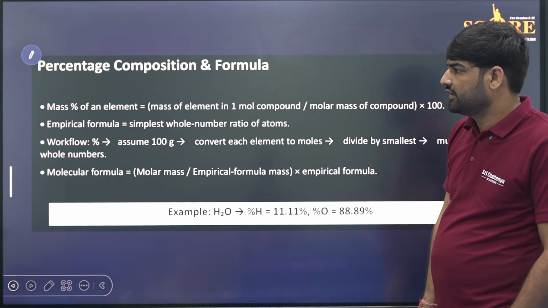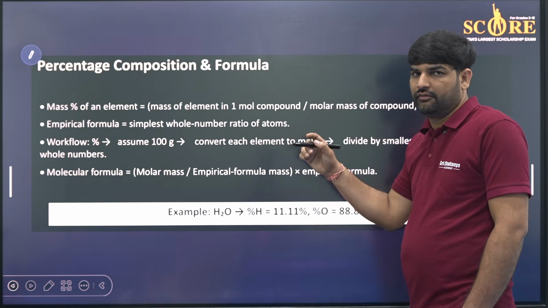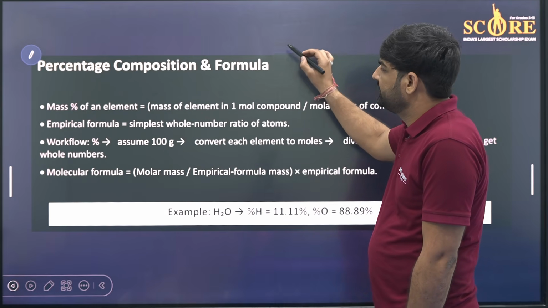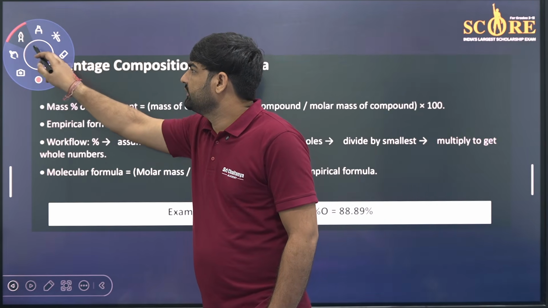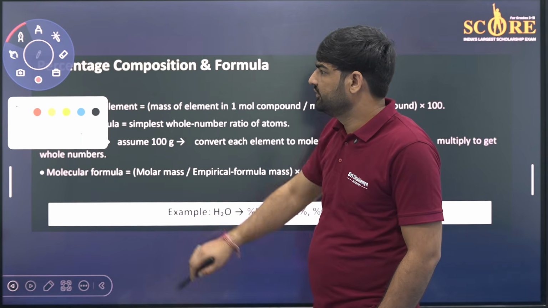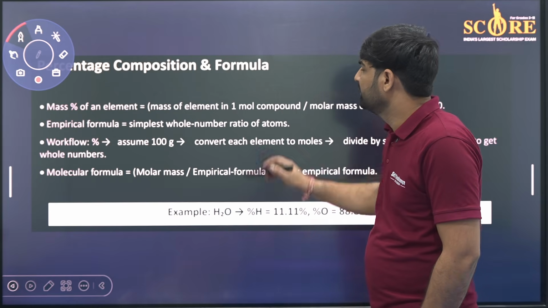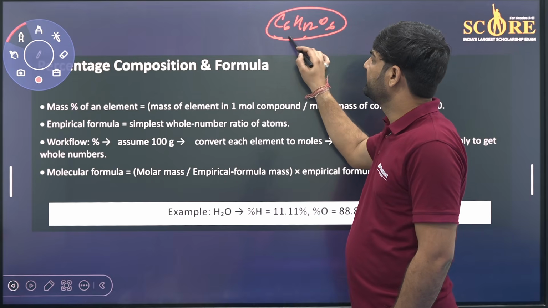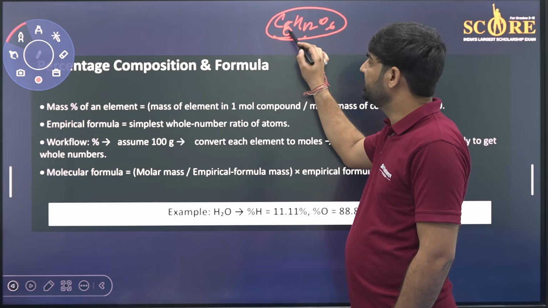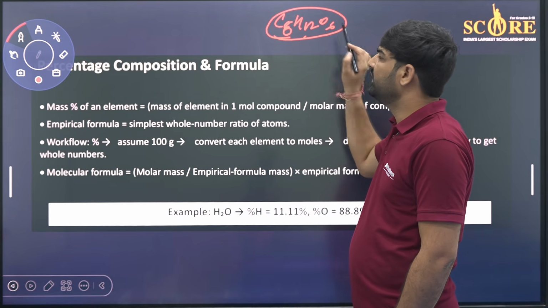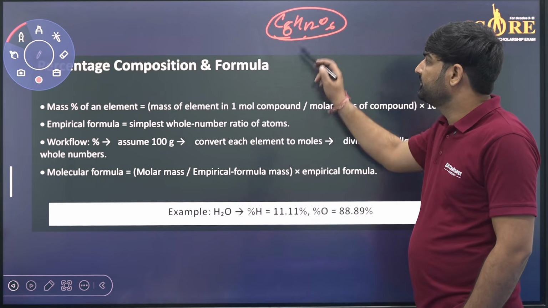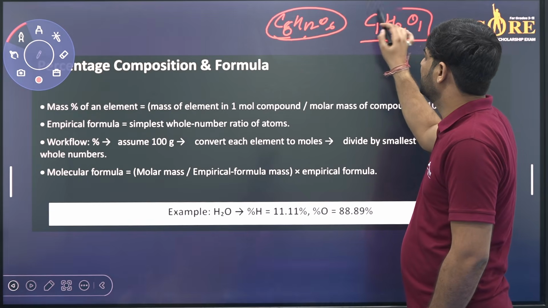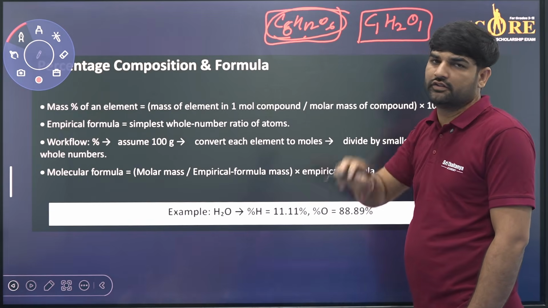So how can we calculate it? Let's take some basic examples. Glucose, C6H12O6. In glucose, one molecule contains 6 carbon, 12 hydrogen and 6 oxygen. But the simplest ratio will be C1H2O1. This represents the empirical formula and that represents the molecular formula.